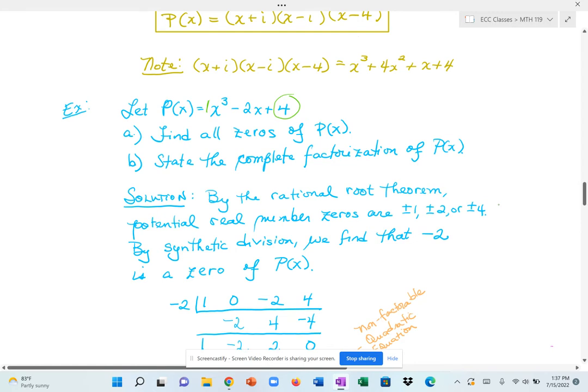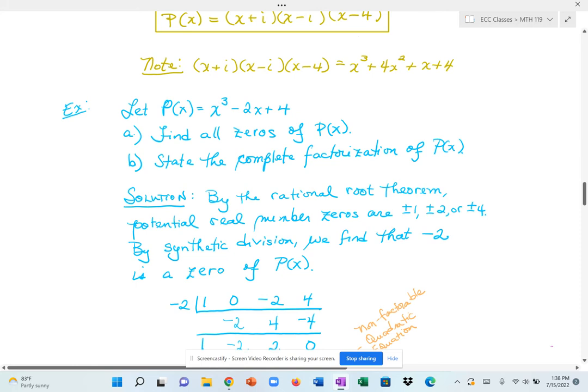And those potential zeros are plus or minus 1, plus or minus 2, or plus or minus 4. And if you recall that earlier lesson, the way you would figure out which factor works is that you would use synthetic division to divide these numbers into the original polynomial, and the one that gives you a remainder of 0 would be a factor.